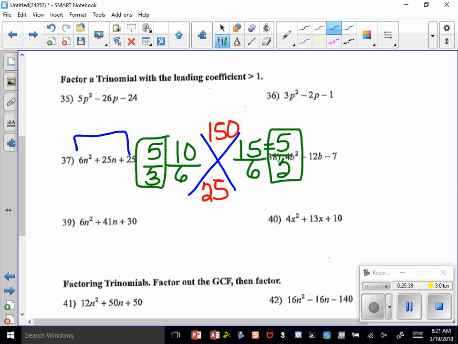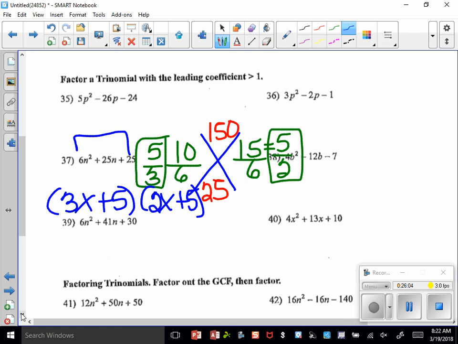You have your fractions. Now you're ready to start from the bottom up. Remember, the bottom number is x. So my factors are 3x plus 5 and 2x plus 5. Okay? And like I said, once you do a few of these, it actually gets even faster.